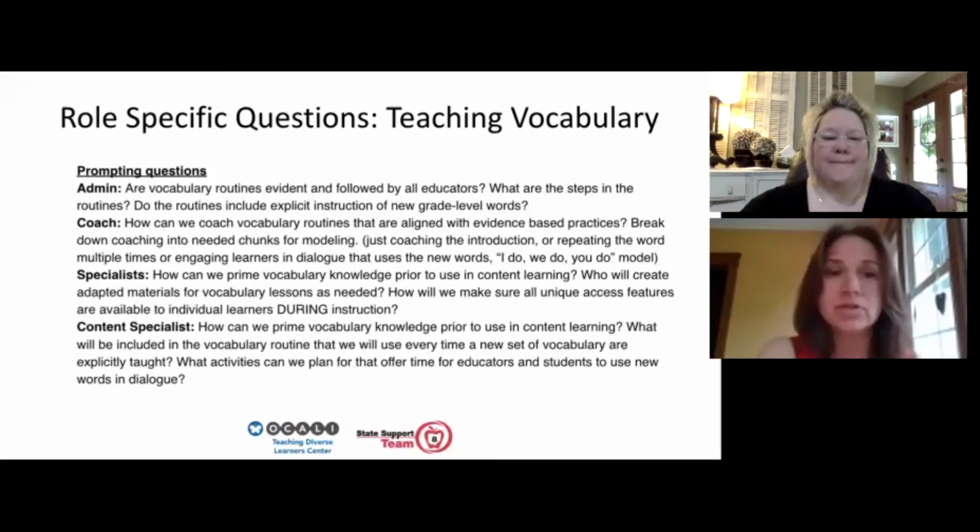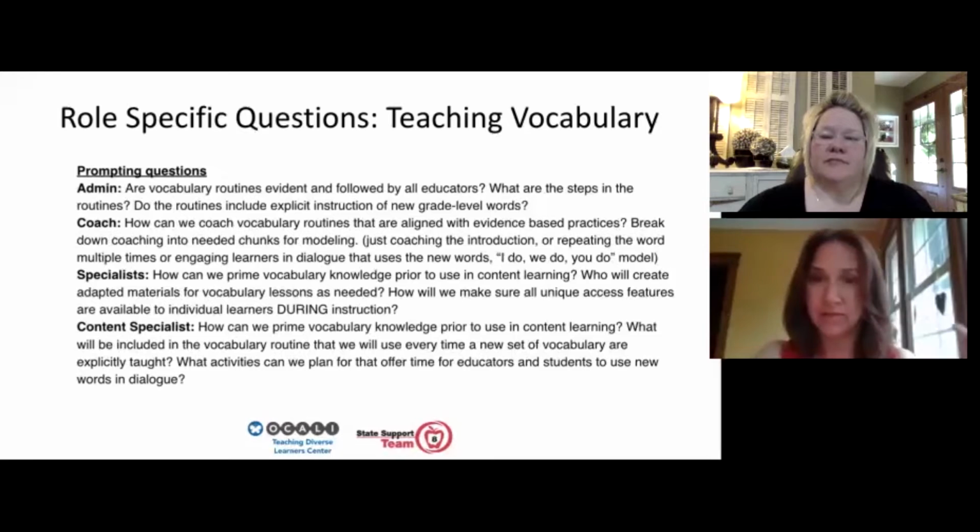Content specialists are general educators. How can we prime vocabulary knowledge in using content learning? So in case you are not necessarily collaborating or working with an intervention specialist or other types of specialists, do you build priming in for your group of students to make sure you're all starting out on an even learning field?